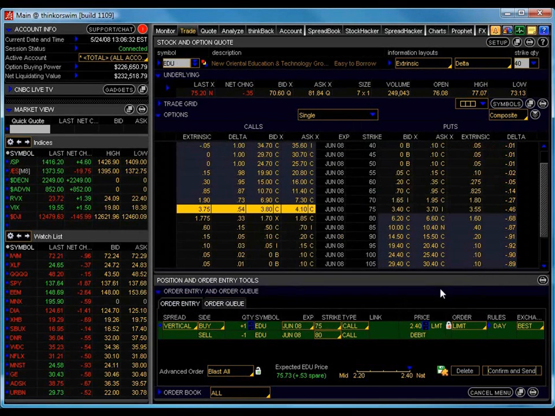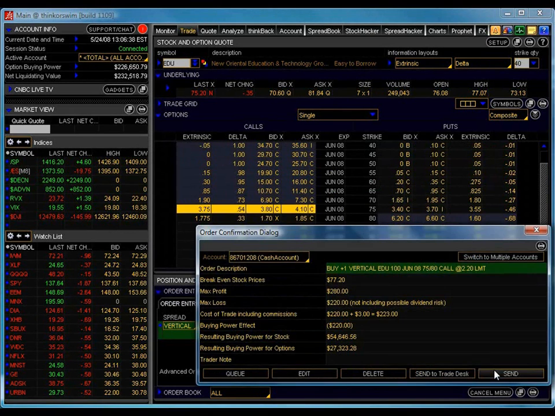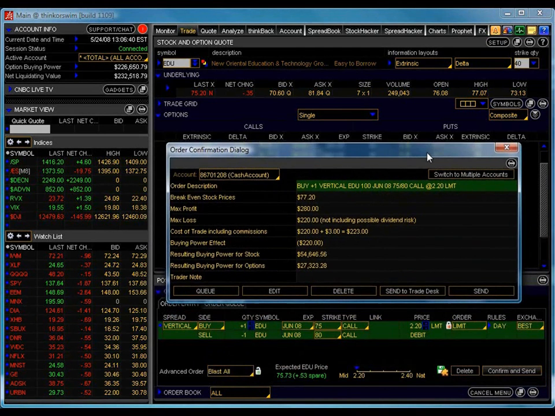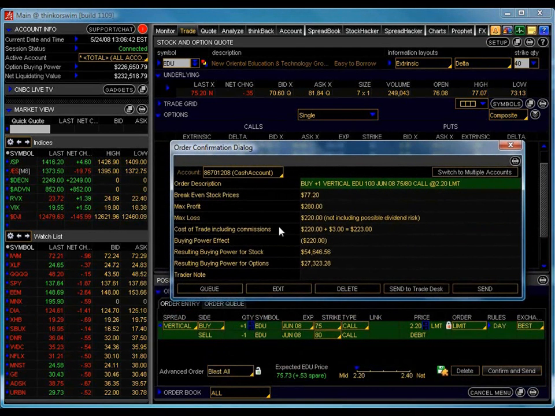Let's close this out just for a second. What happens if we try to get this at the mid-price? Well, if we try to get this at the mid-price, which is considered to be wholesale pricing, our maximum profit now has jumped from $260 to $280. That's because our maximum cost of the trade is now only $220.